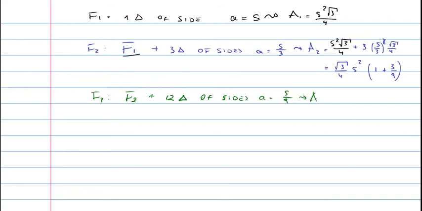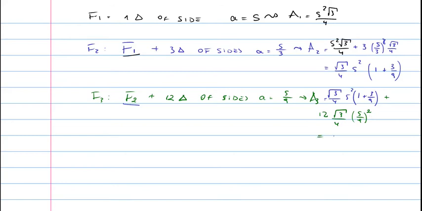So A3 is going to be F2, this area, and now we have to add 12 times the square root of 3 divided by 4 (s over 9) squared.